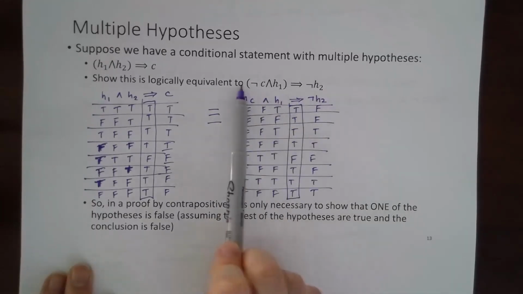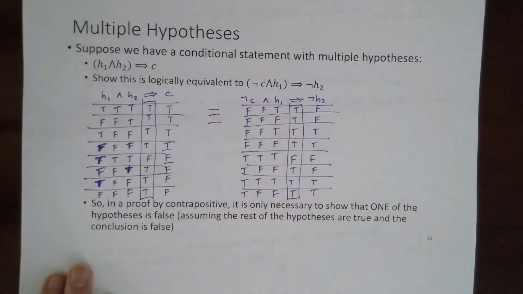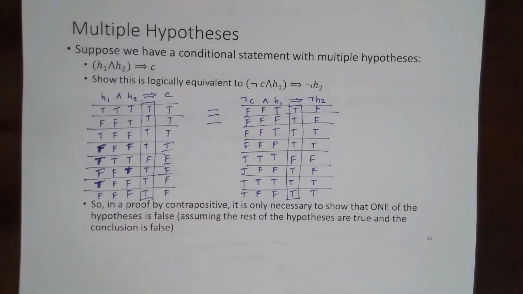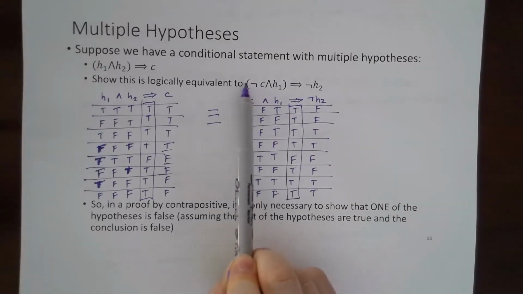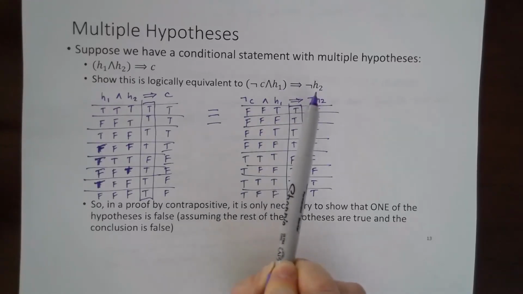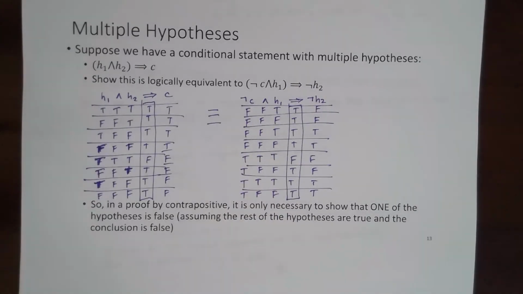So this is logically equivalent to the original statement. Okay. And so when we want to do a proof by contrapositive, we can just assume not the conclusion, and then keep one of the hypotheses, and then just conclude the negation of the other hypothesis.